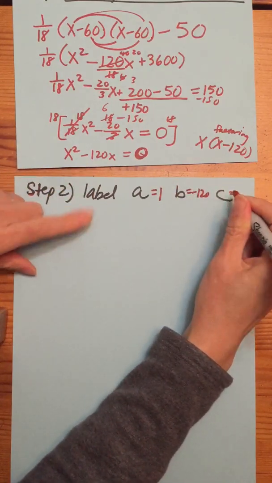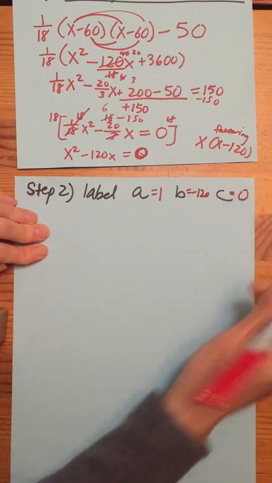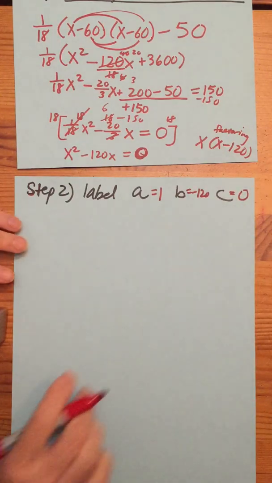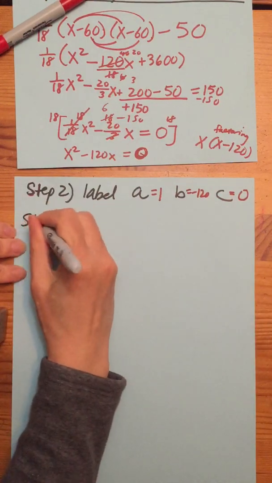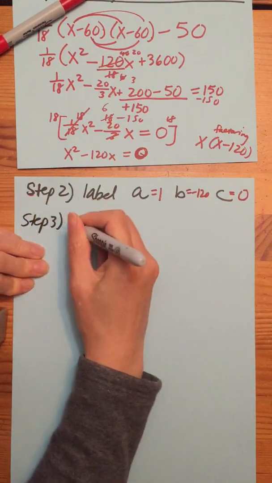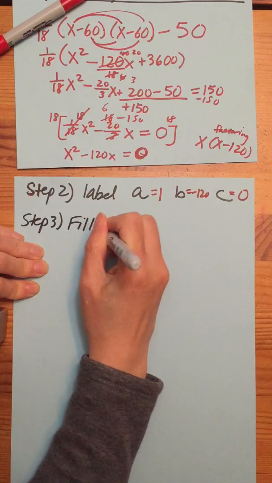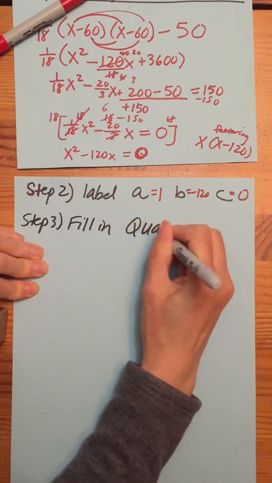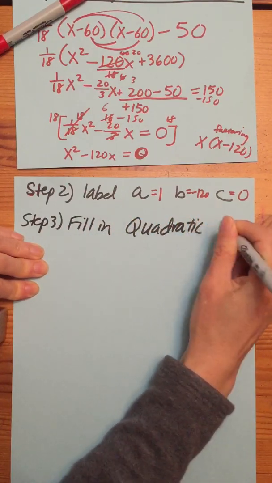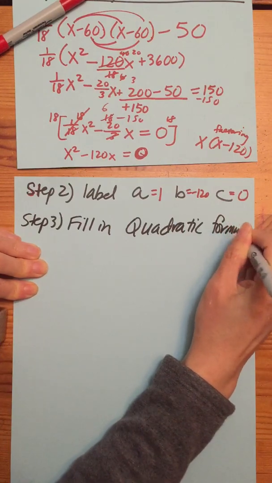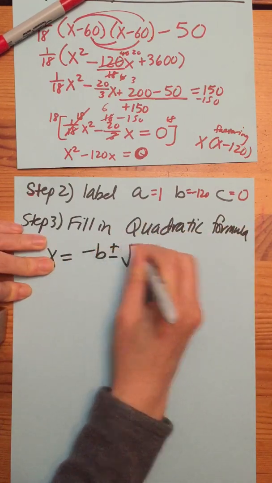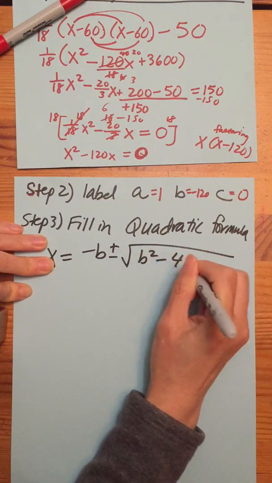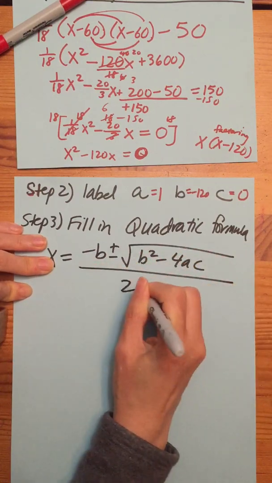C is the constant, and there is no constant, so there's an invisible plus 0. Step 3 is to fill in the quadratic formula, and you should write it out first. It's negative b plus or minus the square root of b squared minus 4ac, all over 2a.